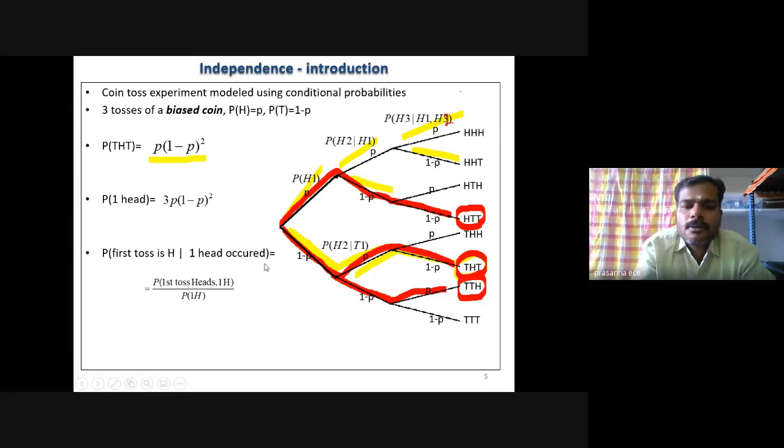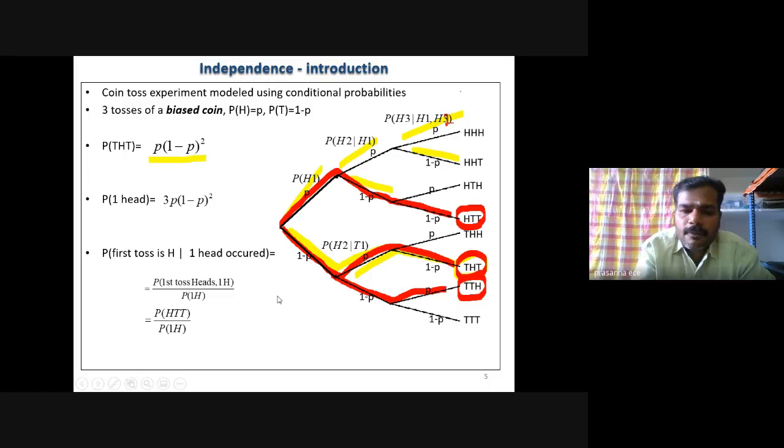But I'm now going to use the definition of conditional probability to get the same answer. The probability of first toss heads and one head, that is the numerator, the intersection of getting the first toss head and one head occurring, divided by the probability of exactly one head. The numerator is P of HTT.